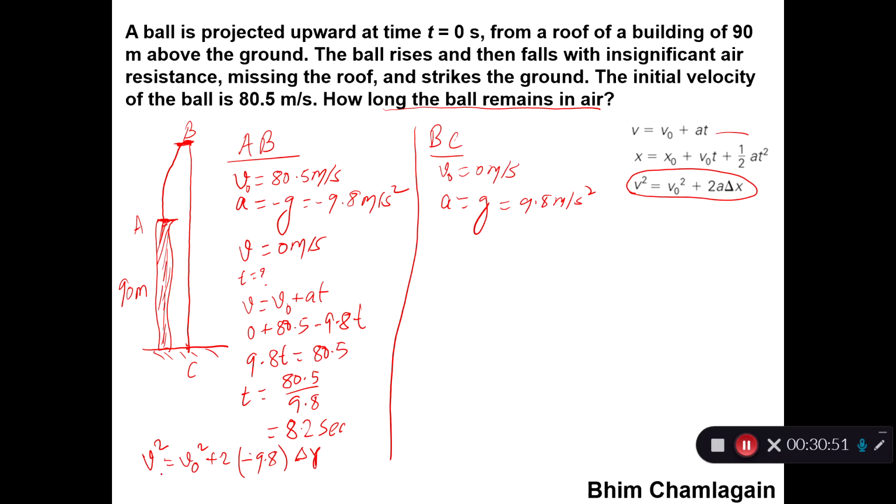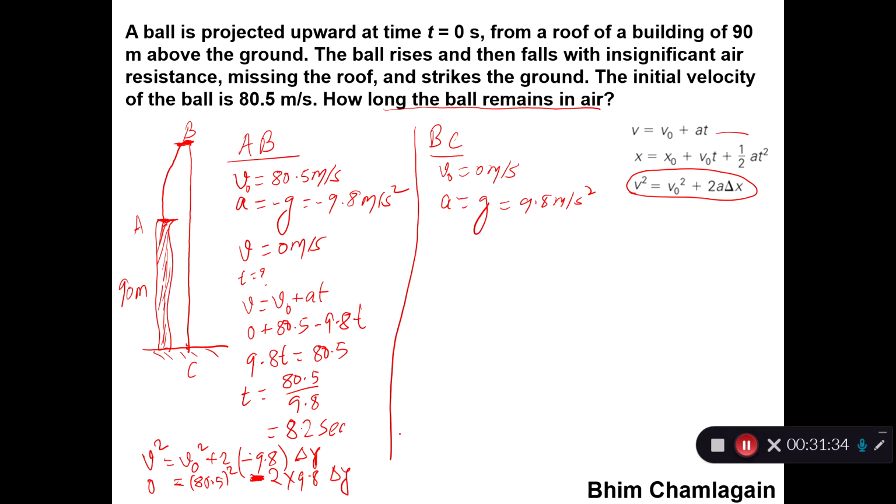So V is equal to 0, and V naught is 80.5. So 0 is equal to 80.5 squared minus 2 times 9.8 times delta y.